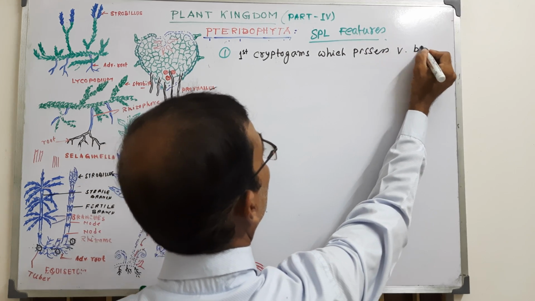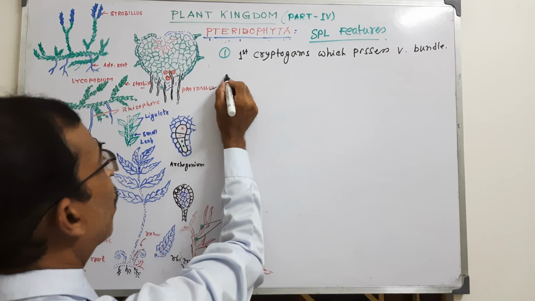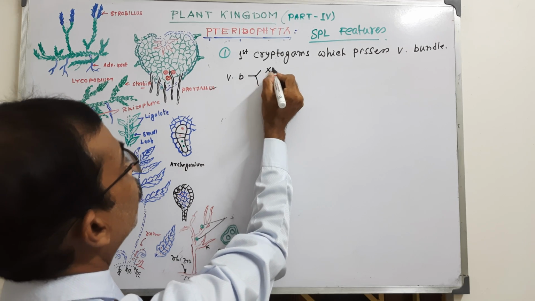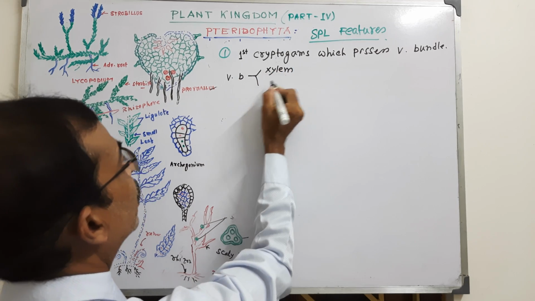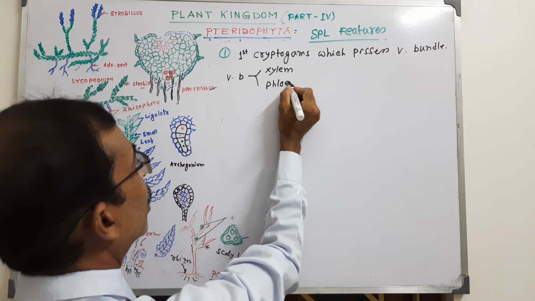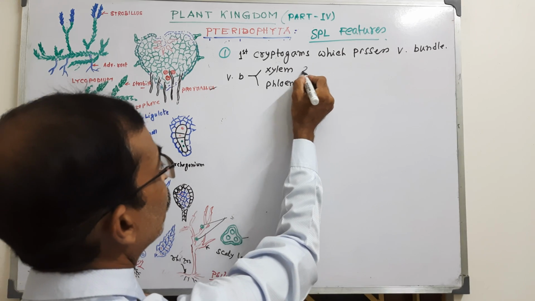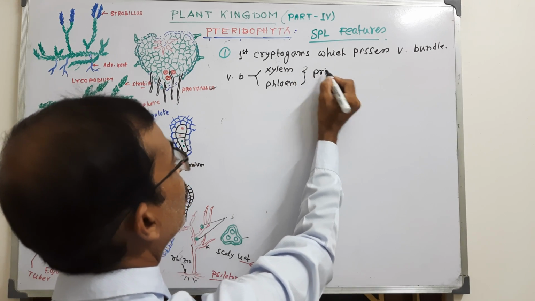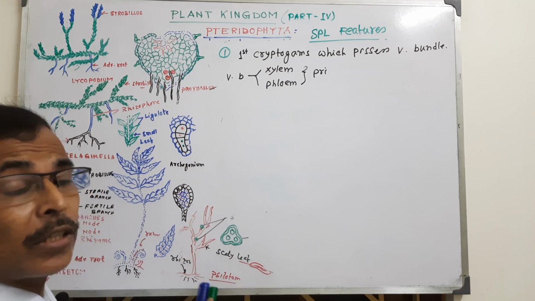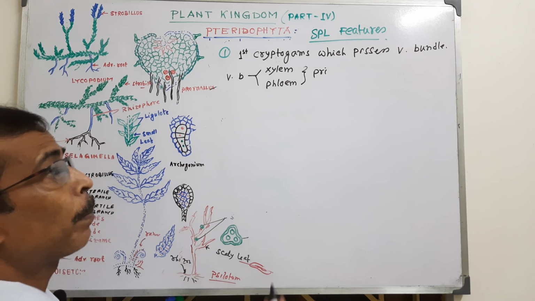Vascular bundle consists of xylem and phloem, but they are primitive type. As initially grown, here for the first time vascular bundles are present, so they are primitive in nature.